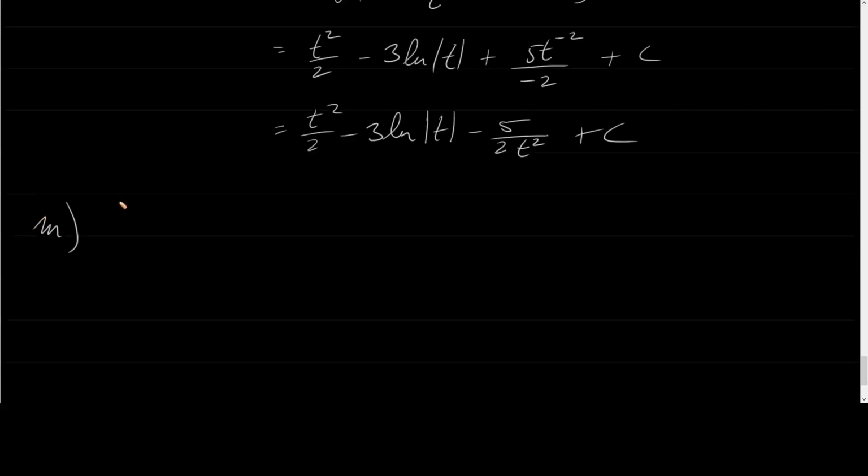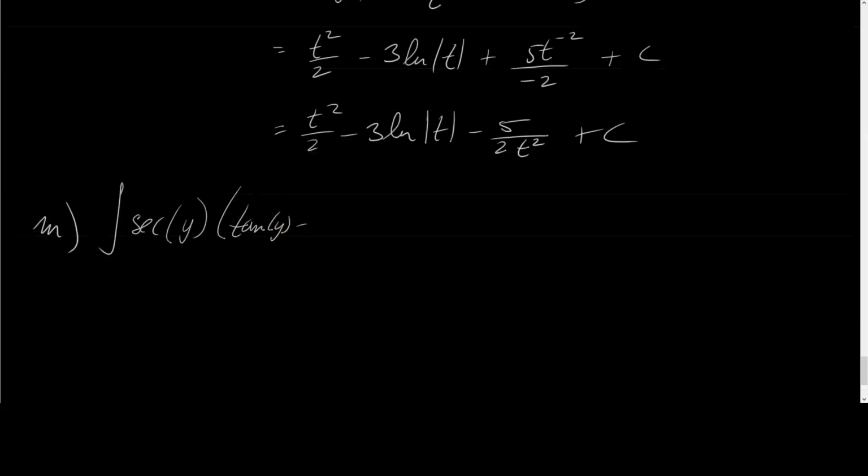Let's say that I have the antiderivative of secant of y times tangent of y minus secant of y dy. So what would that be? Distribute that secant.